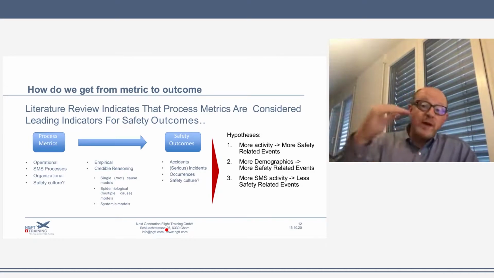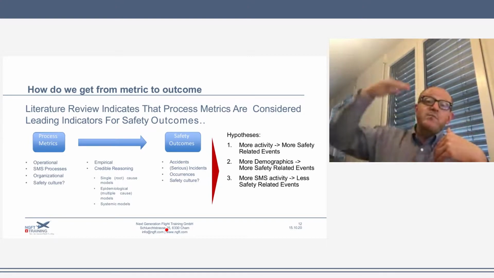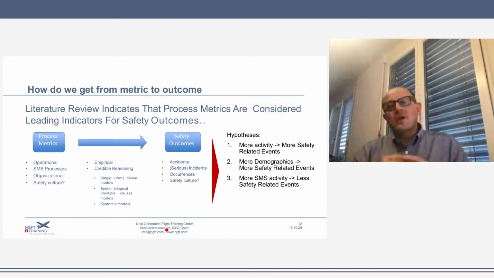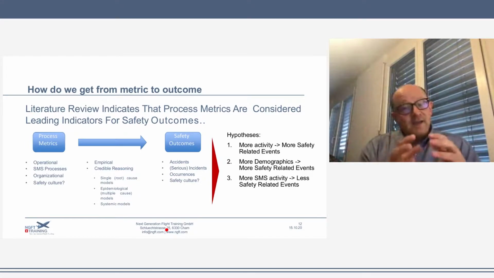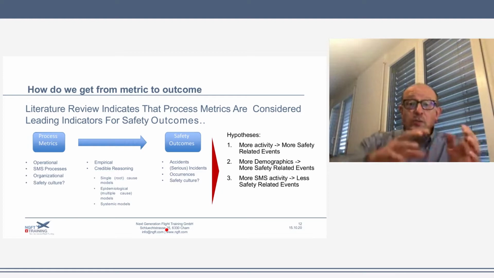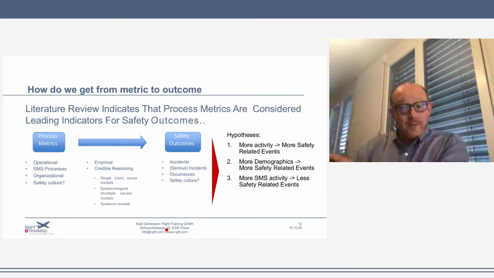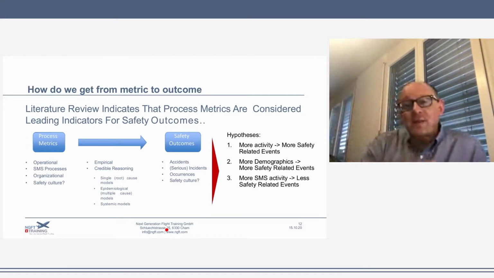If I do 20 safety audits, well, logically, safety should be even higher. Now, the question that we have to ask is, is the number of safety audits a metric to predict safety? That's the biggest question that we have to ask.